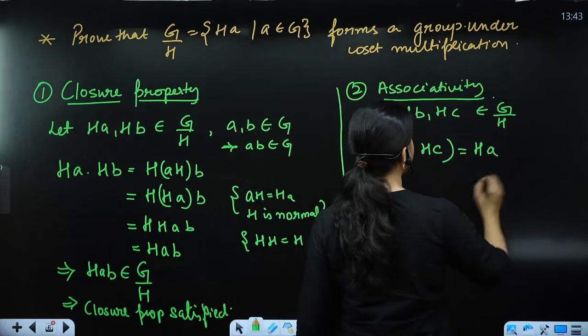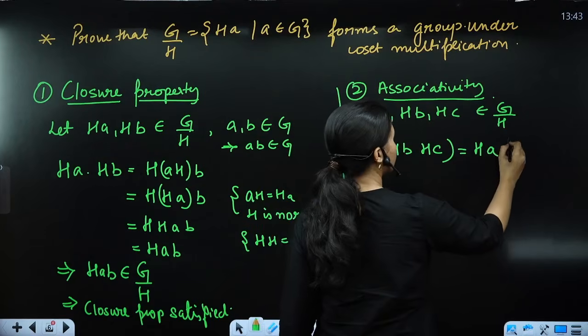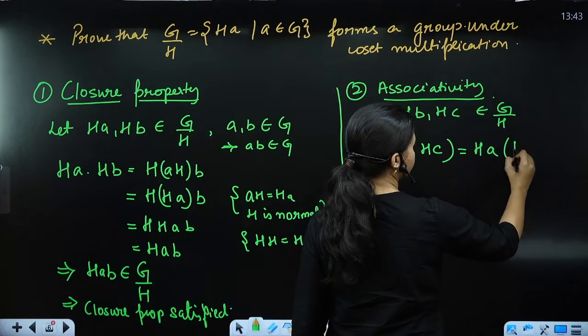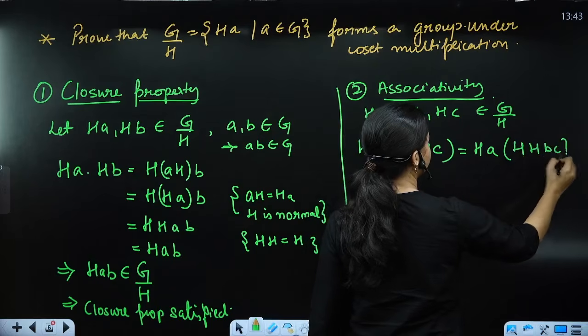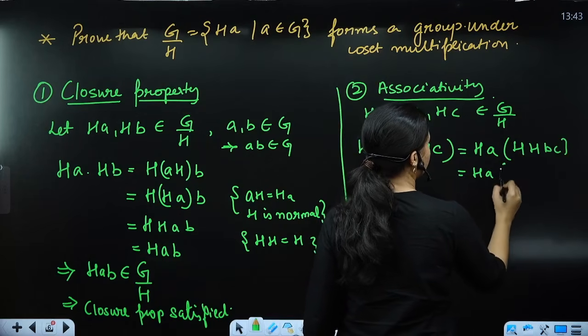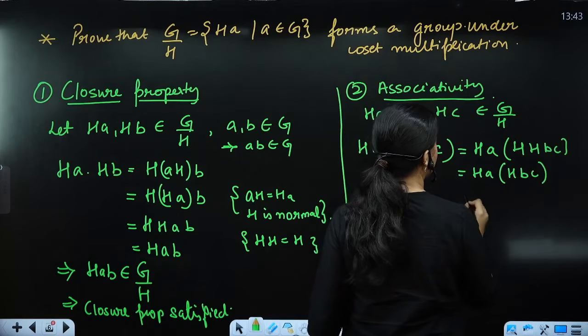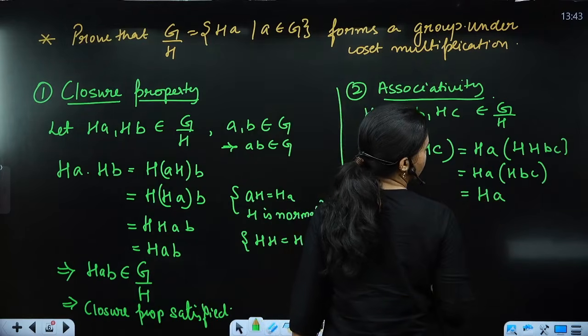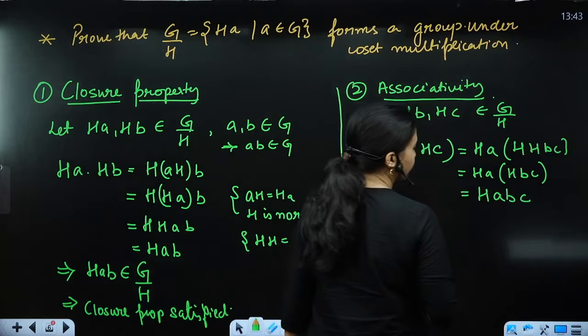HA is outside. Here we are going to follow the same pattern. So what is going to happen? HB will give you HA, HB, right? Again you're going to apply the same thing, that is going to be H, right?